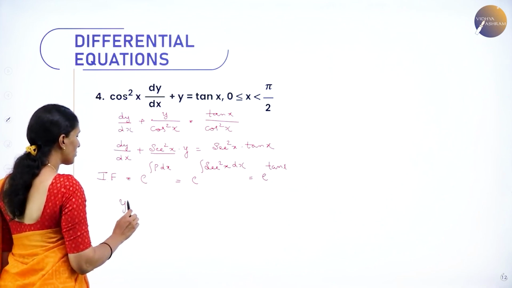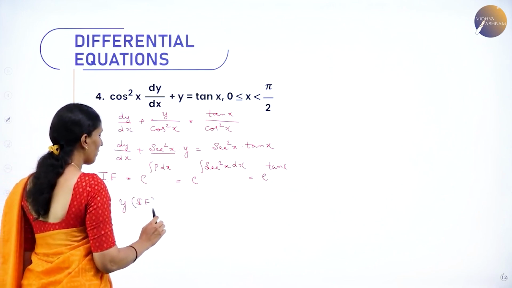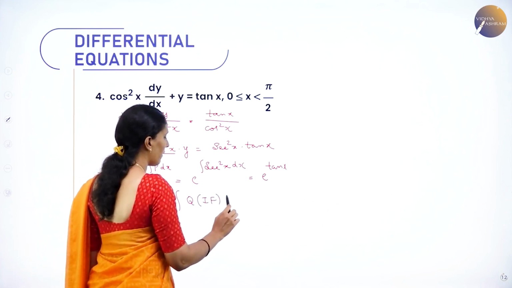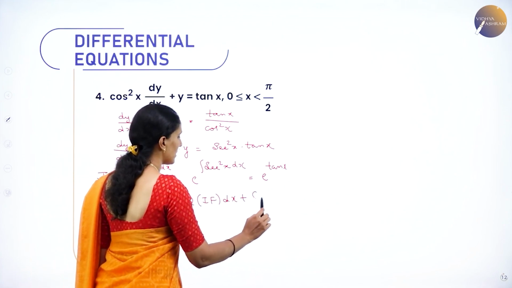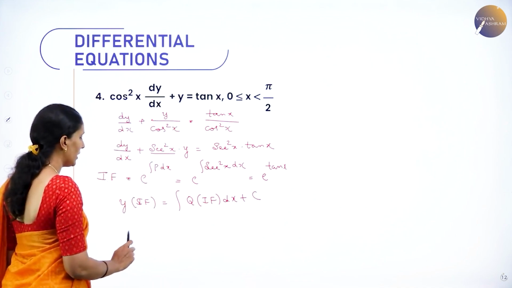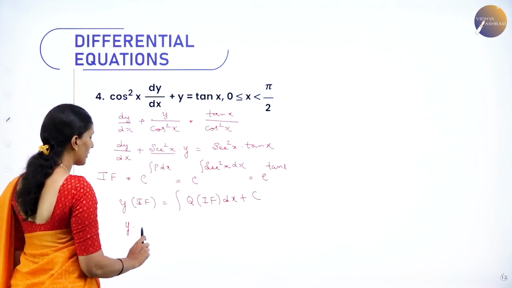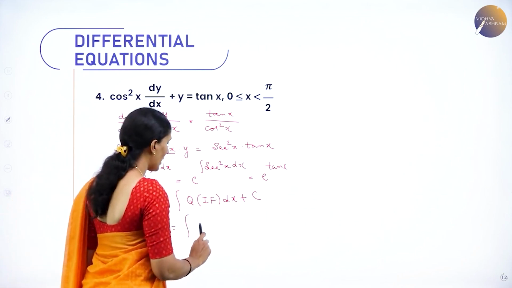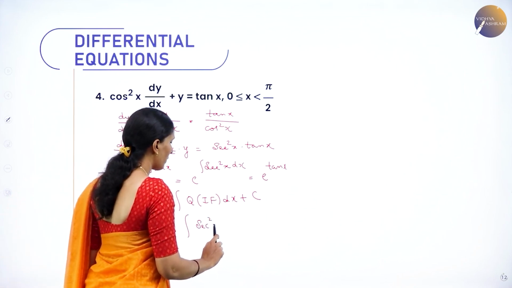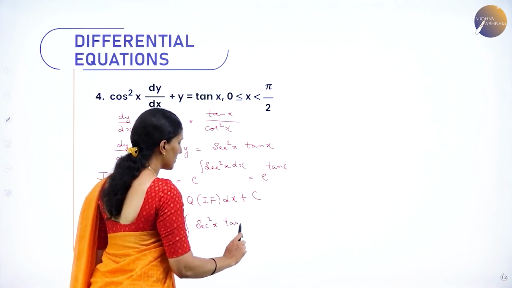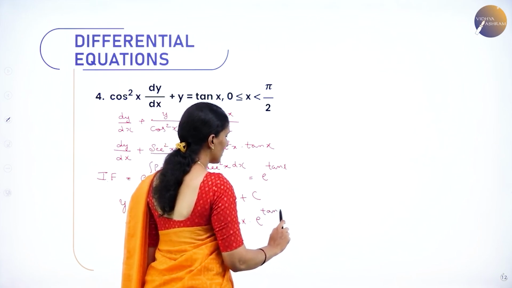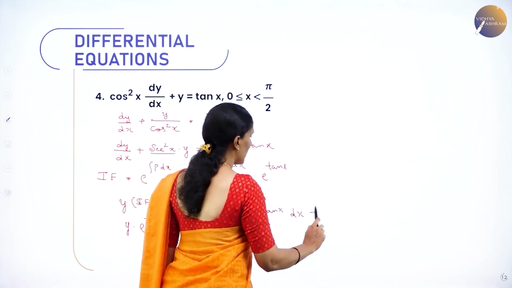Now applying the solution as y into integral factor equals integral of q into integral factor with respect to dx plus c. The integral factor is e power tan x. So we have q as secant square x tan x, and the integral factor is e to the power tan x, with respect to dx plus c.